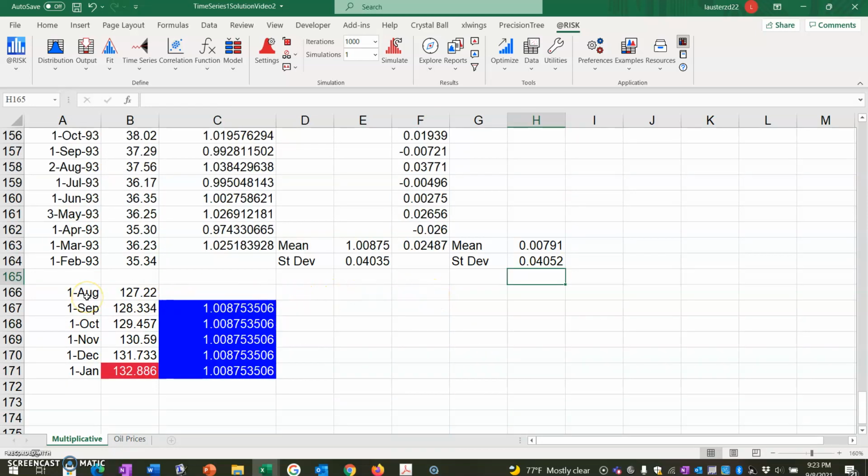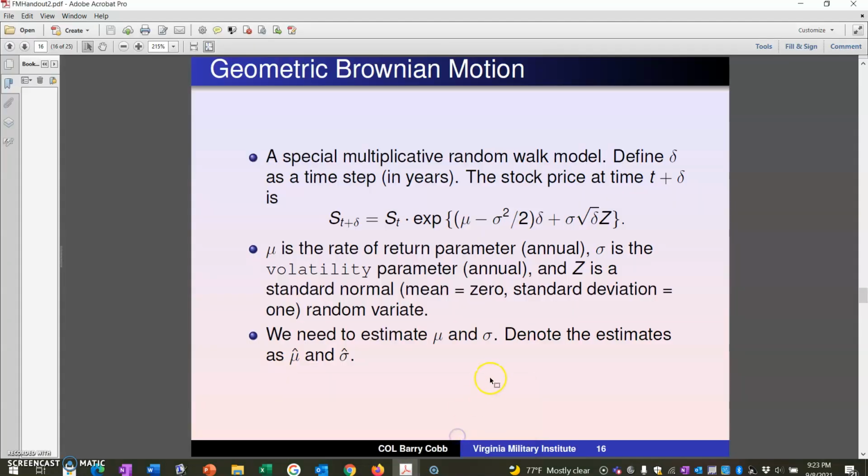Alright, so we want to use this to simulate the asset prices. The parameters for geometric Brownian motion are based on the mean and the standard deviation of the additive returns. So this is the geometric Brownian motion formula, and the parameters required are mu, the rate of return parameter, and sigma, the volatility parameter.